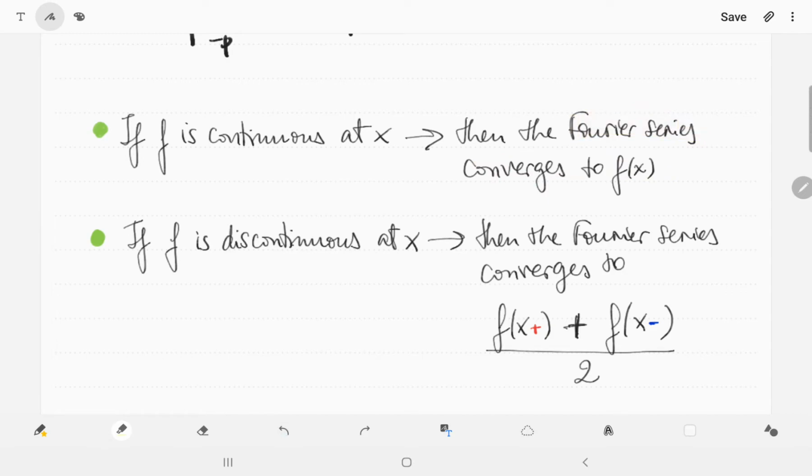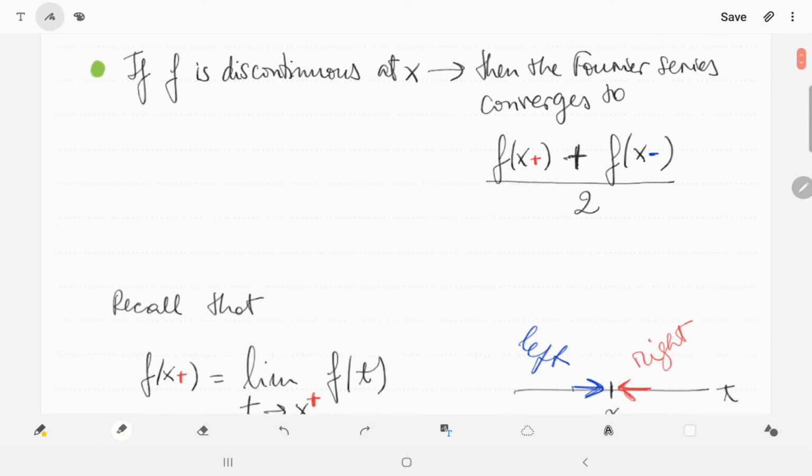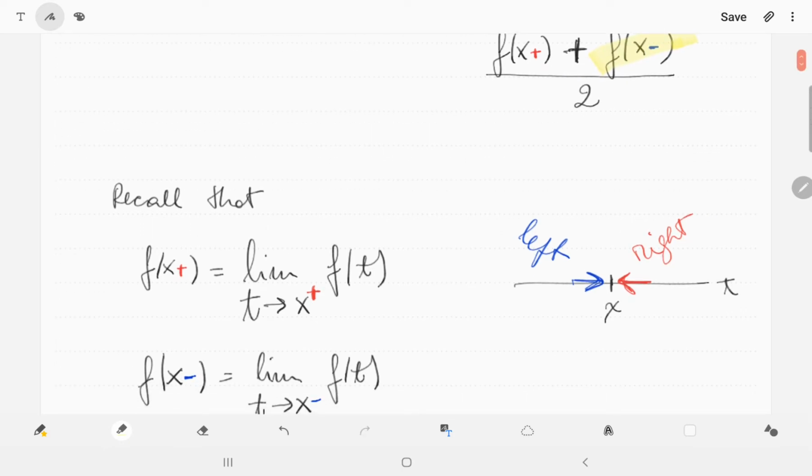When we don't have this continuity, so f is discontinuous at x, then we don't have exactly the identity to f(x), but we know that the Fourier series converges to this average between the right and left limits. So recall this notation. This is the right limit, which is here. We approach this x from above here, and the left limit, that is here, we approach x from below.